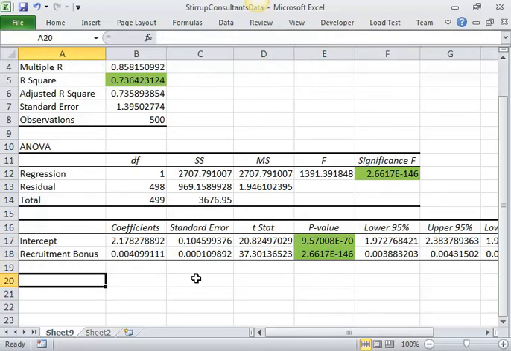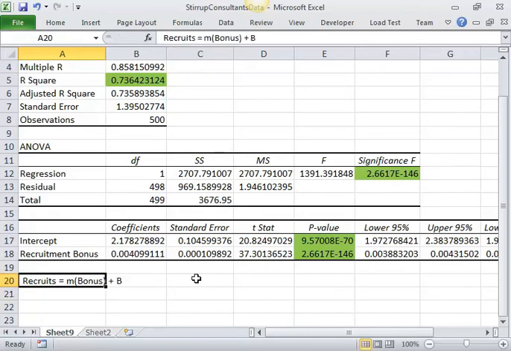Now, you're probably familiar with the point-slope formula, which generally has the format y equals mx plus b. What we have here is something similar to that, but instead what we're looking at is recruits equals m bonus plus b.